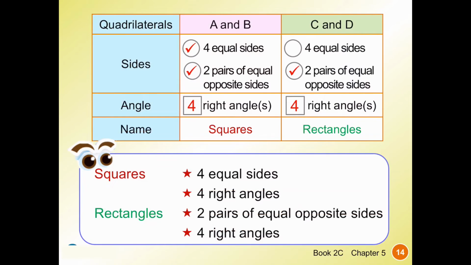So in order for a quadrilateral to be qualified as a square, it needs to have 4 equal sizes and 4 right angles. And for a quadrilateral to be qualified as a rectangle, it needs to have 2 pairs of equal opposite sizes and 4 right angles.